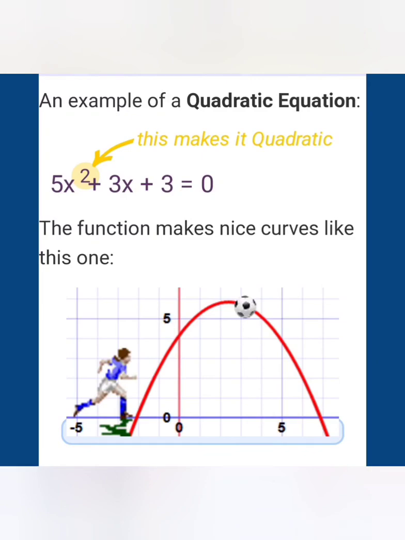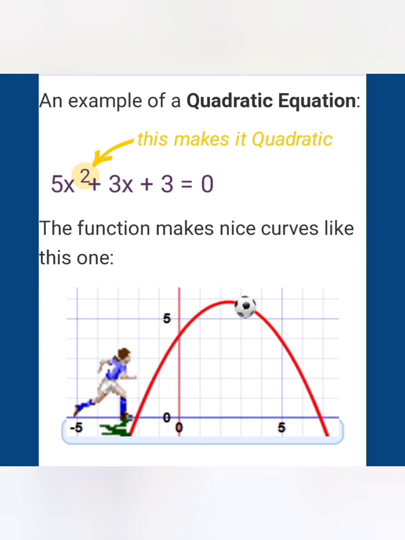Now let us see another example of a quadratic equation. Here the equation is 5x square plus 3x plus 3 is equal to 0. Here x square has the coefficient 5, x has the coefficient 3 and the constant term is 3.